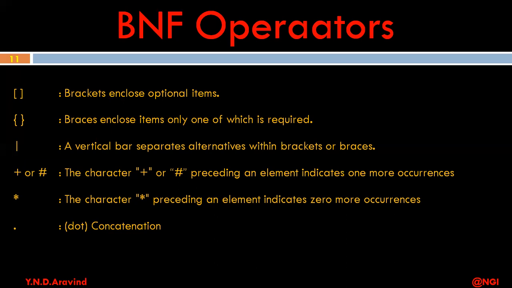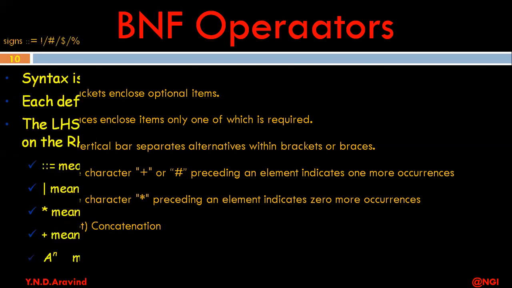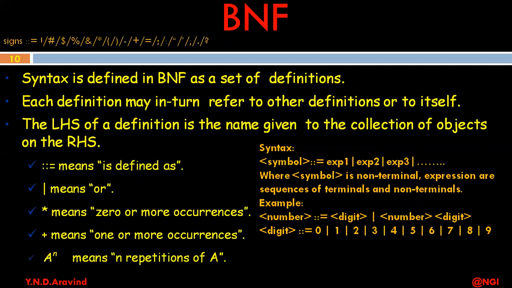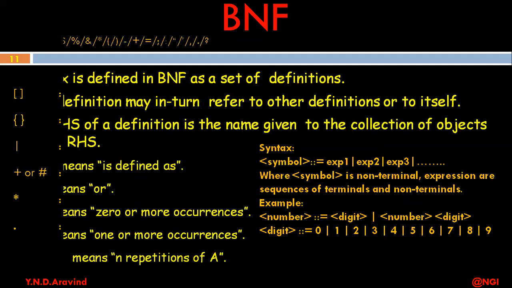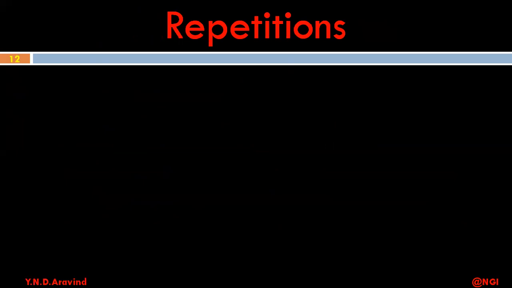Okay, so now repetitions. As before, for the object, 1-3 means 1 to 3 objects, object star means 0 or more repetitions of the object without limit, and object plus means 1 or more repetitions of the object.